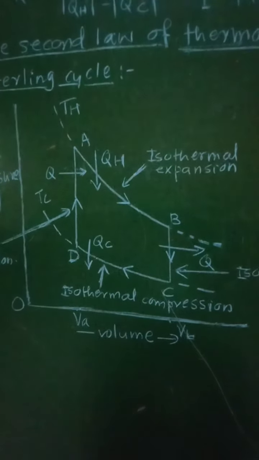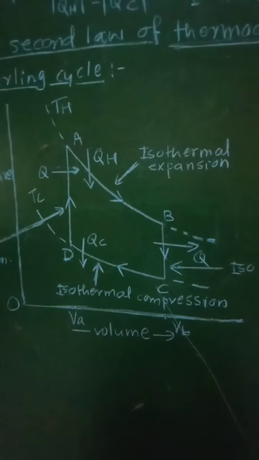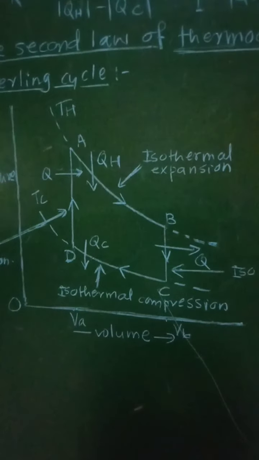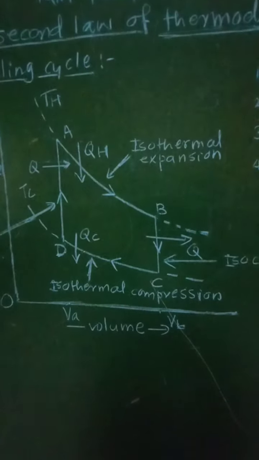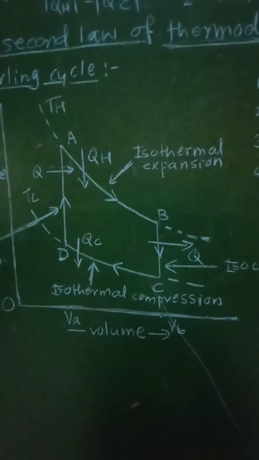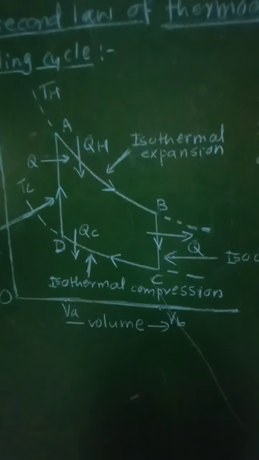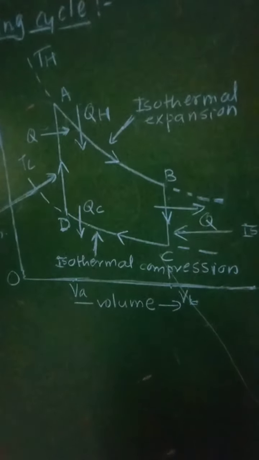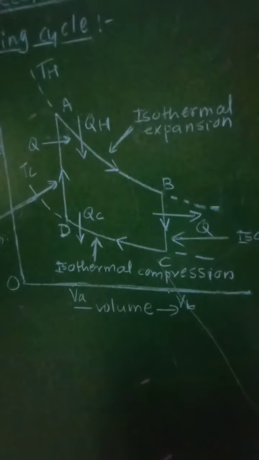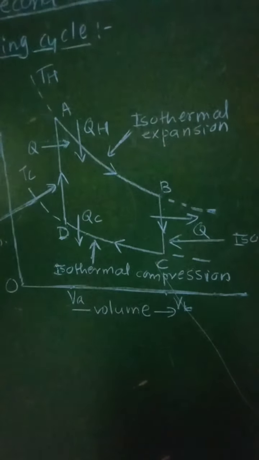When point A is reached from D, the cycle is completed, and the cycle repeats from point A. Once one cycle is completed, the next cycle is again repeated from point A.